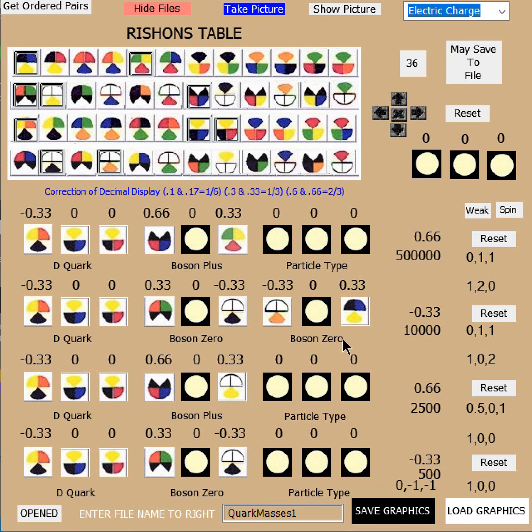Well, it happens that mass factors can only be carried by scalar bosons that have a combinatorial value of 2. We will see that all bosons will have an even combinatorial value. So again, this boson composed of a prime and a generic, and this boson plus composed of a flavored and generic, both will have combinatorial values of 2, and they therefore will be able to carry mass factors.